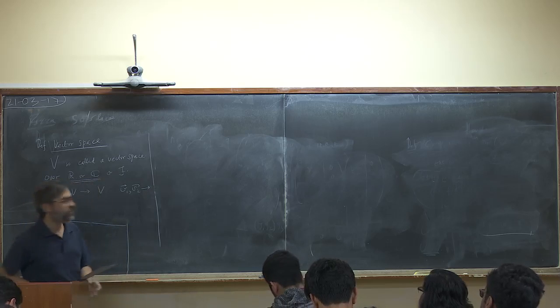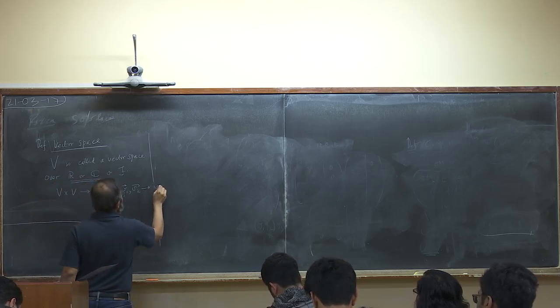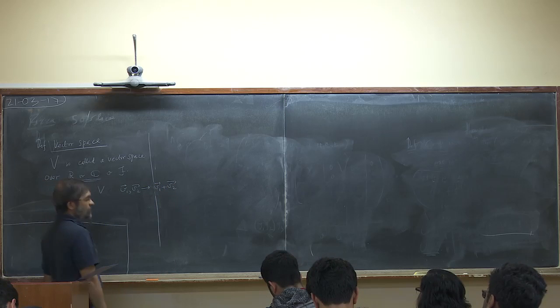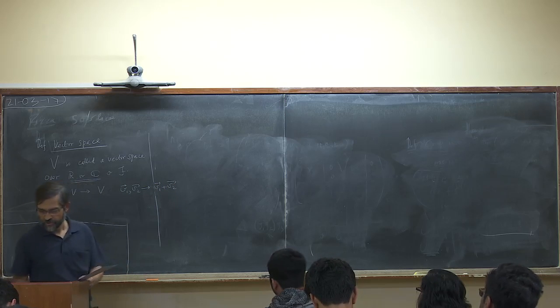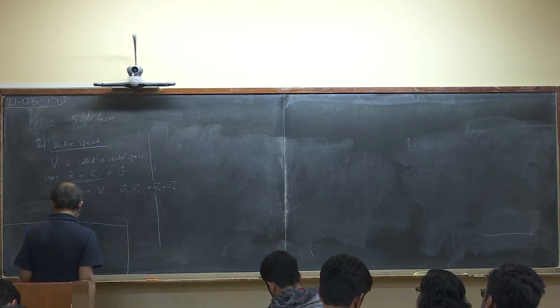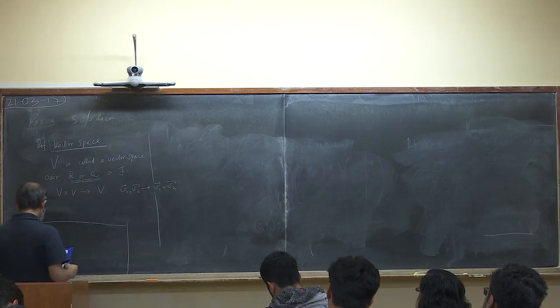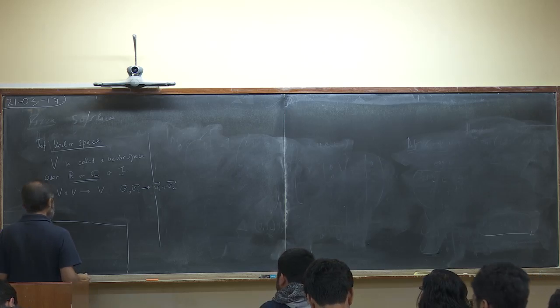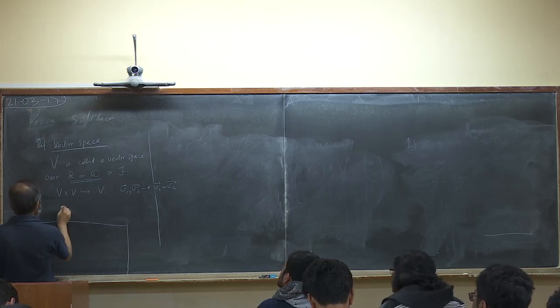Call V1 plus V2. So that's point number one. There is a map like that which we call vector addition, and there is another notion which is called scalar multiplication.